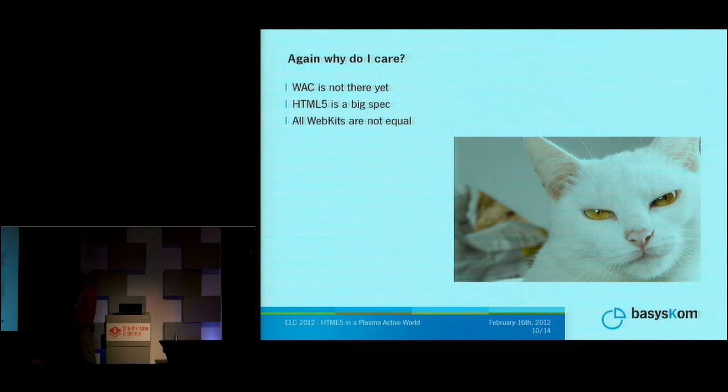The HTML5 spec, yeah, everybody talks about HTML5. In this project, we only focused on a few areas, mainly the audio and video tags, and a little bit of the OpenGL interface, WebGL stuff. But if you're saying you're HTML5 compliant, that's a big chunk of information to say you're compliant.